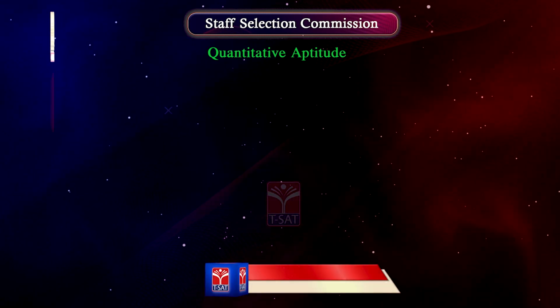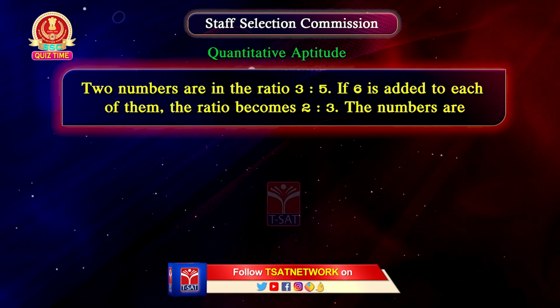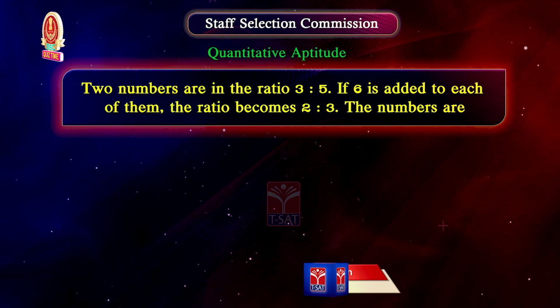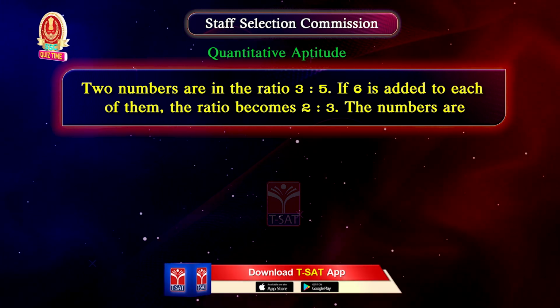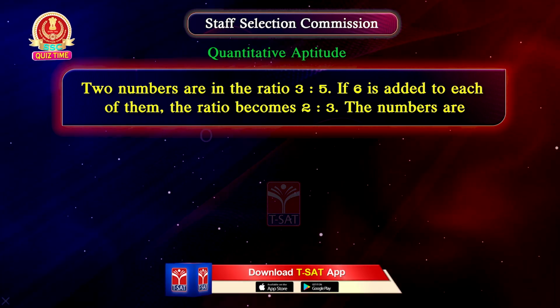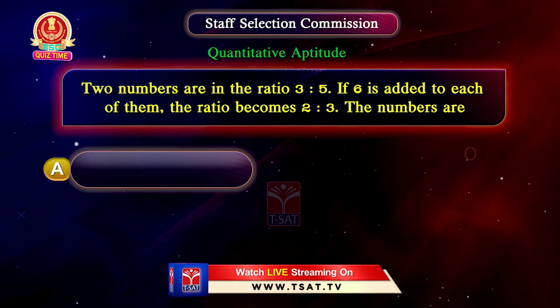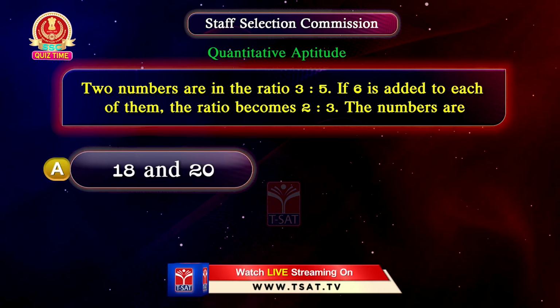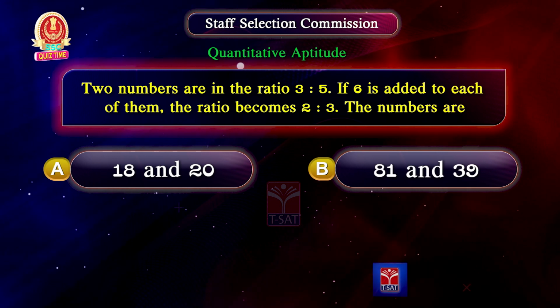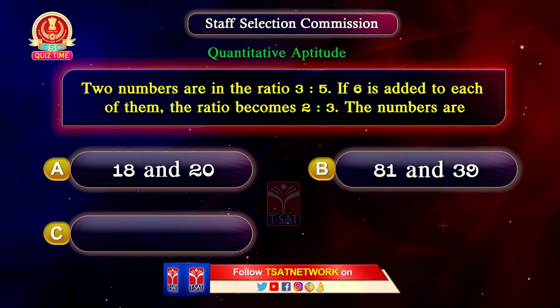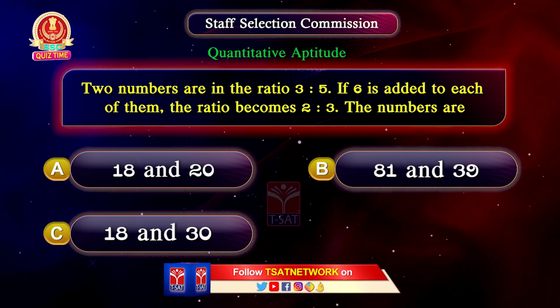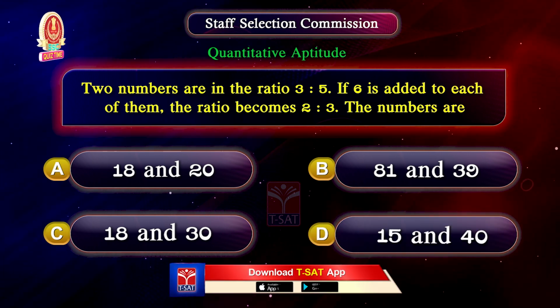Next question. Two numbers are in the ratio 3:5. If 6 is added to each of them, the ratio becomes 2:3. The numbers are: option A, 18 and 20; option B, 81 and 39; option C, 18 and 30; option D, 15 and 40.